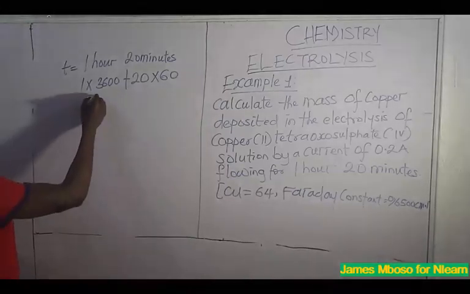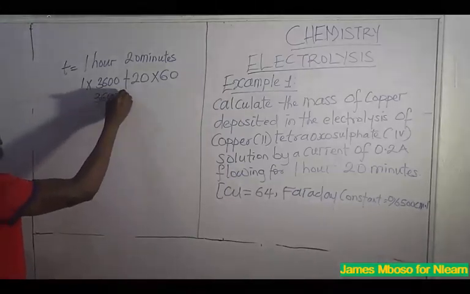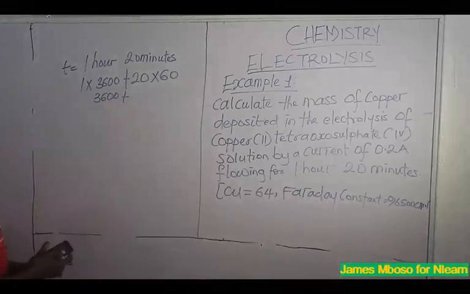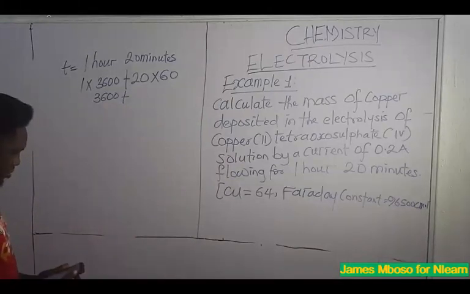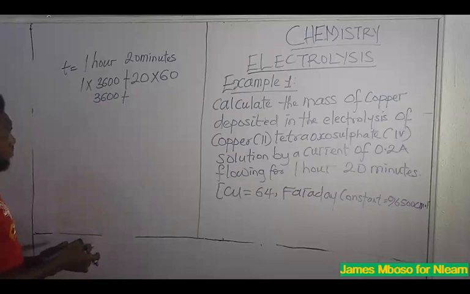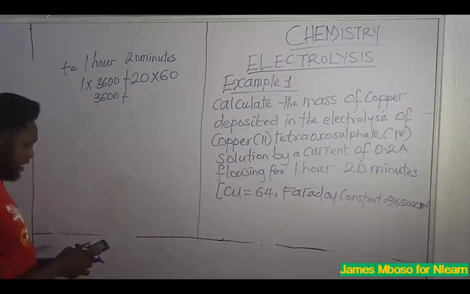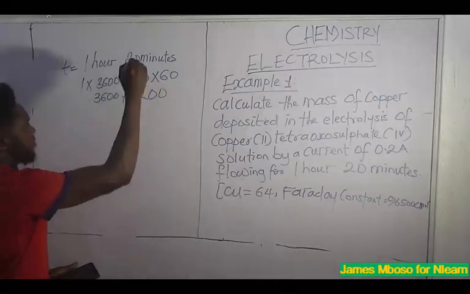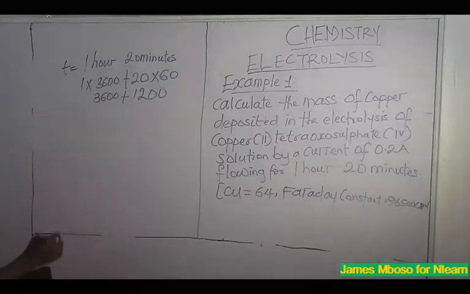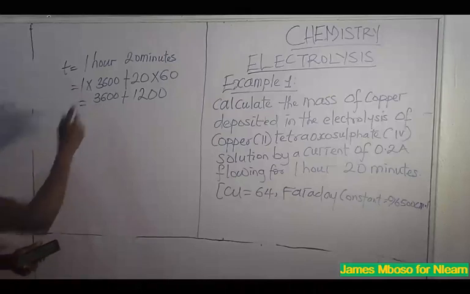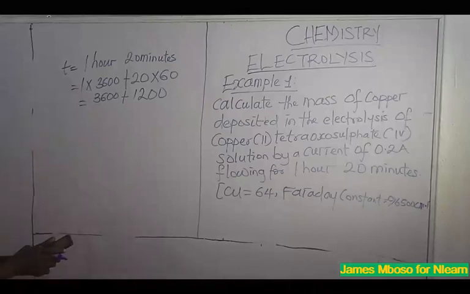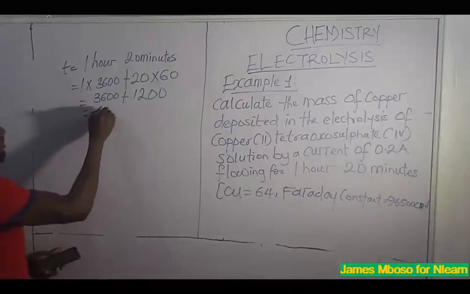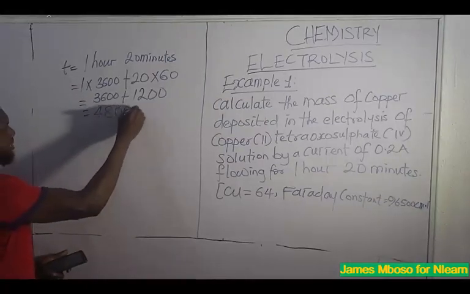So here we have 3,600 plus 20 times 60, which is 1,200. Here we add them together: 3,600 plus 1,200, we have 4,800 seconds.